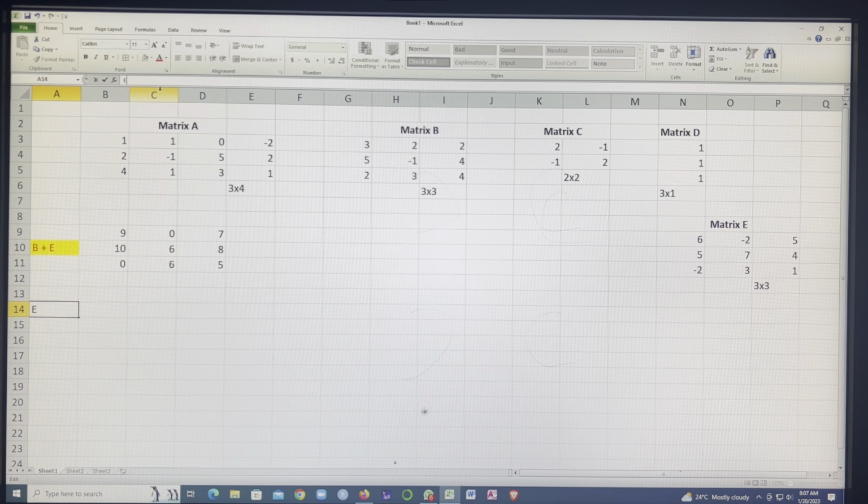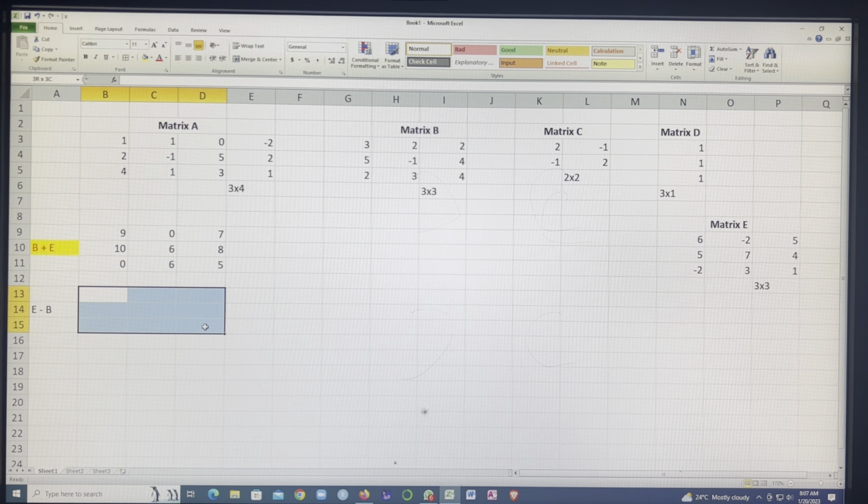So matrix E minus matrix B. So I have matrix E and matrix B. Now I highlight this entire portion because I know that it's going to end in a 3 by 3 matrix. Then in the white portion, I write my equal sign. So I highlight this matrix. Minus is very easy. Highlight this other matrix.